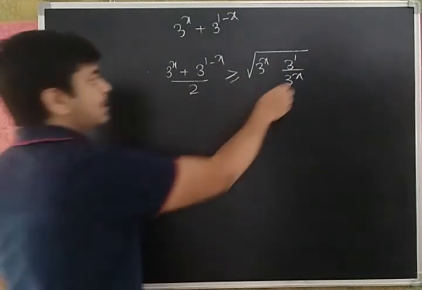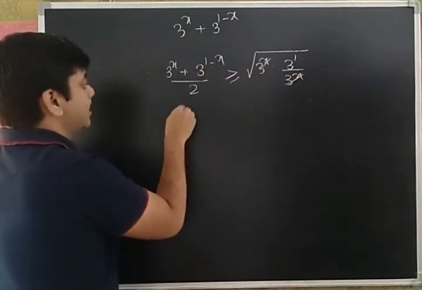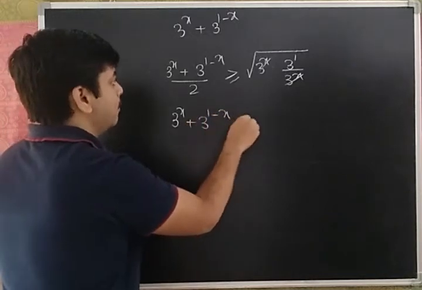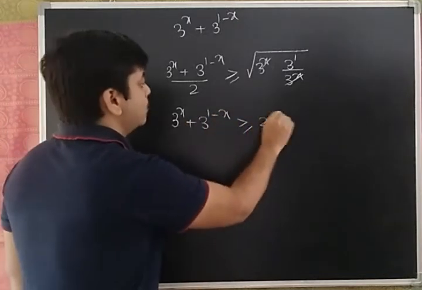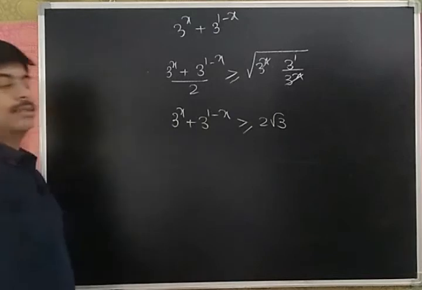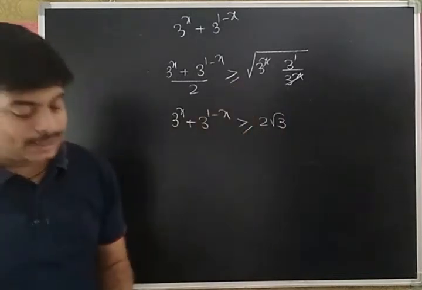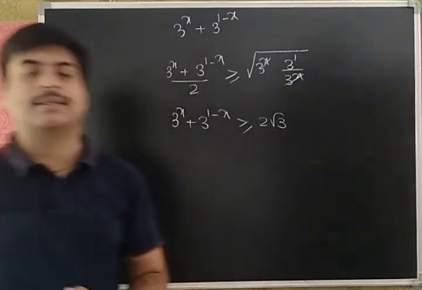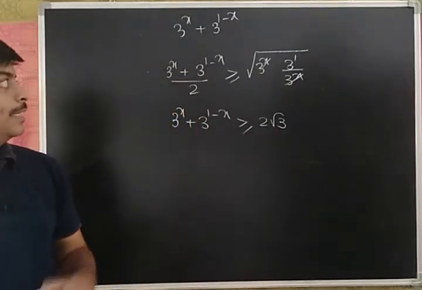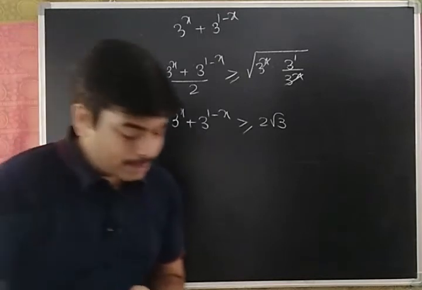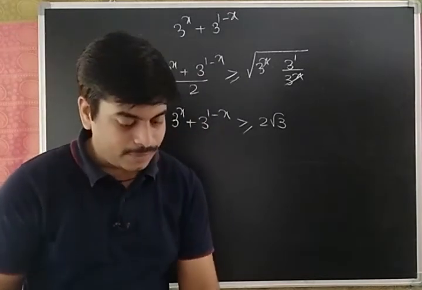So 3 power x gets cancelled. So 3 power x plus 3 power 1 minus x is always greater than or equal to 2 root 3. Yes or no? So the minimum value it can take is 2 root 3 and it's always greater than that. Yes, that's the correct answer. It's very simple using arithmetic mean and geometric mean.